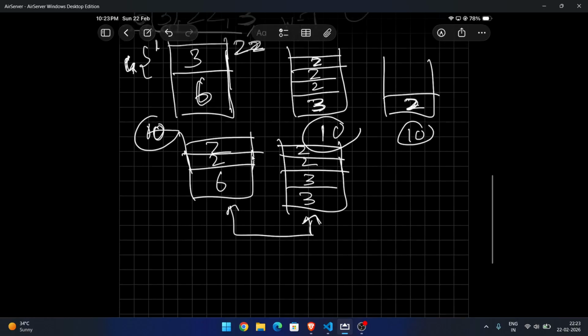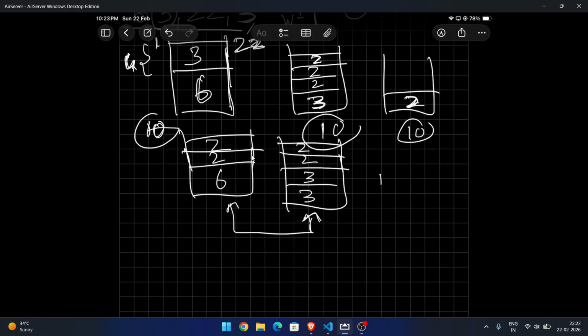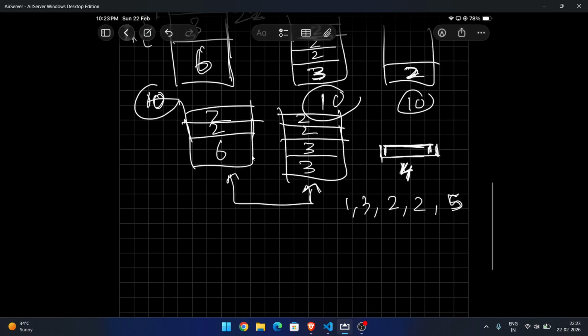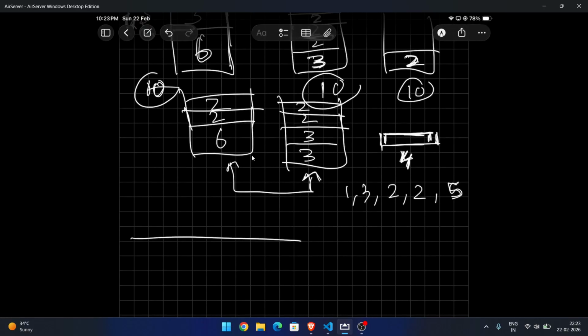Do you know why greedy fails? Because for a given value, let's say 4, and some given values 1, 3, 2, 2, 5, there is no method that will tell us which one to pick. Treat this question as if there is a number line.